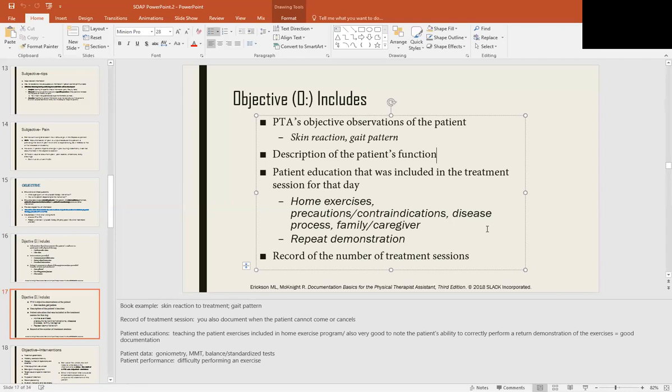And then it depends on the facility. Again, you may record the number of treatment sessions the patient has been seen. Some of the electronic medical records will do this automatically for you, but if you do it on paper, you have to keep track of it.